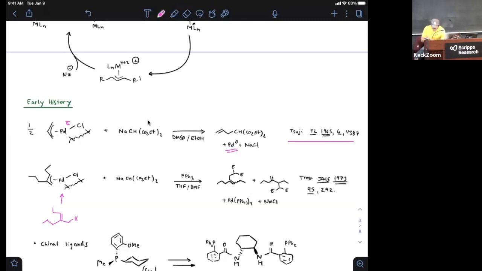An early example of this type of allylic CH activation used towards synthesis. So sometimes we think that the pre-functionalized form of a reaction came first and the CH activation form came second, but you see in the early Fujiwara case, that's not true. In this early example from Trost, that's not true.